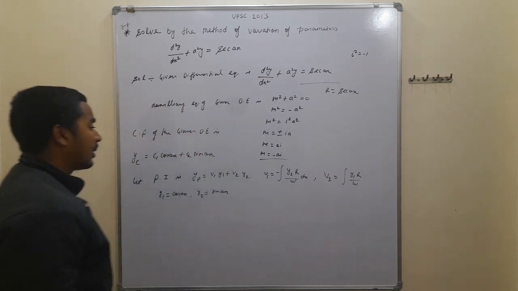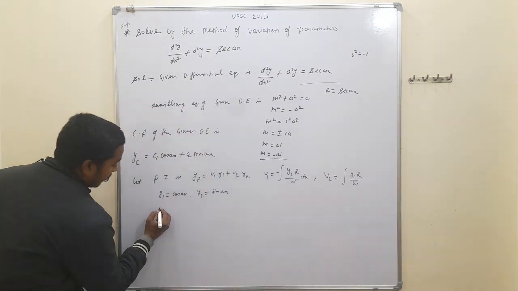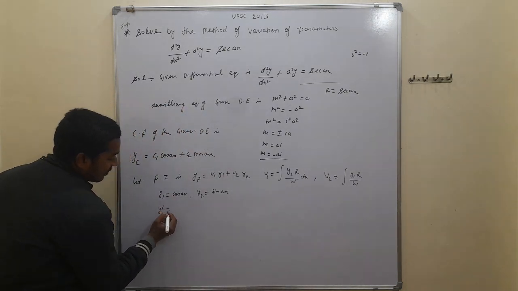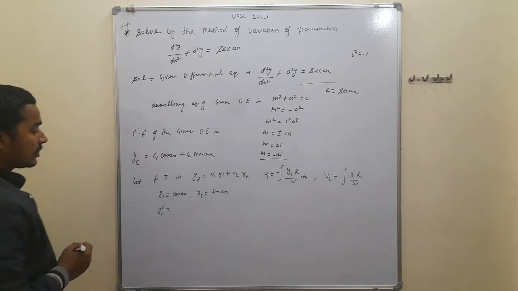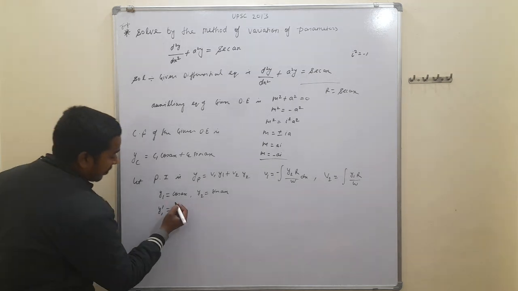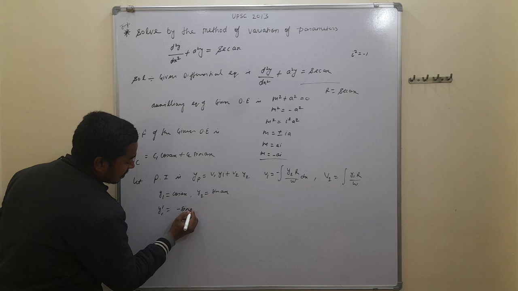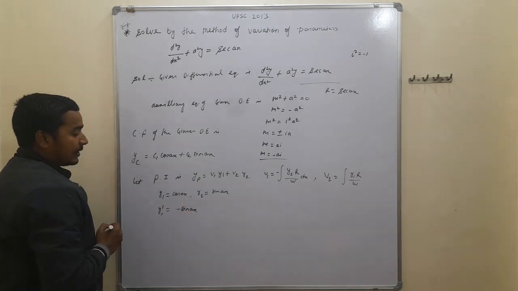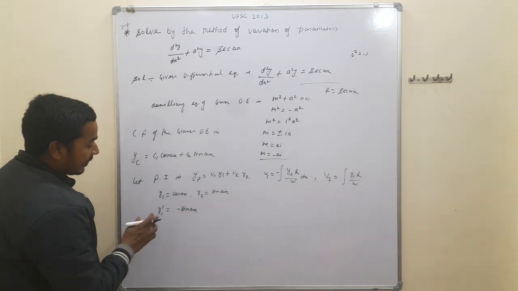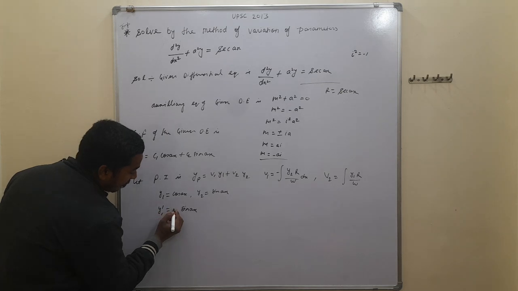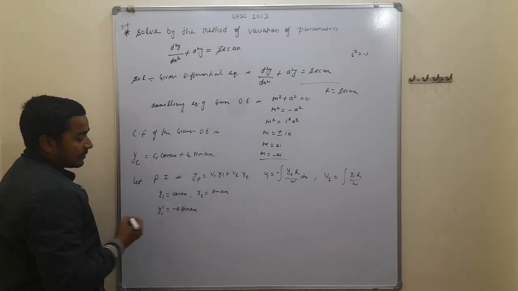So we find y1 dash: differentiating cos ax with respect to x gives -sin ax, and differentiating ax with respect to x gives a, so we write -a sin ax.